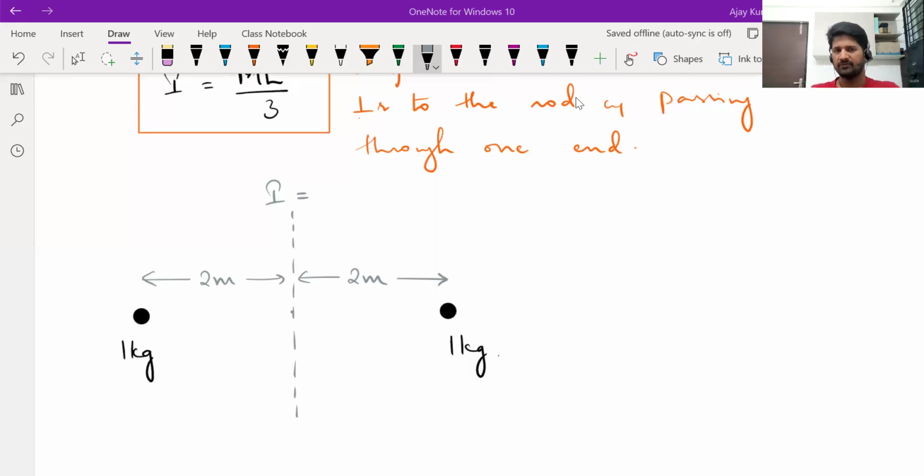Okay, see, m1 r1 square plus m2 r2 square. m1 and m2 are masses of the particles. r1 and r2 are distances of the particles from the given axis.